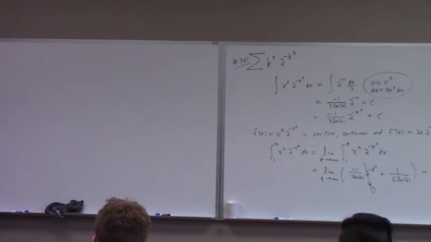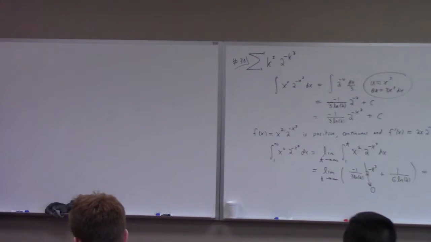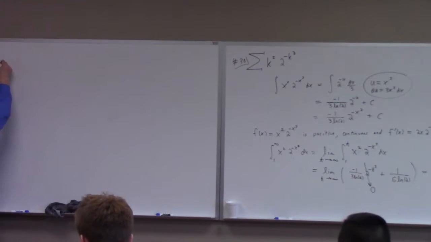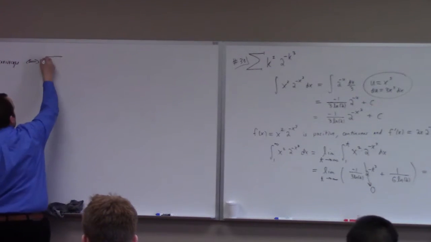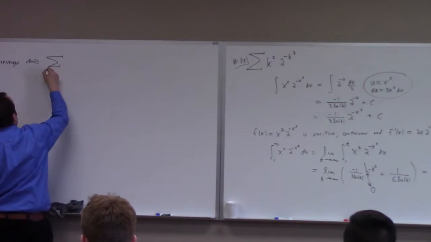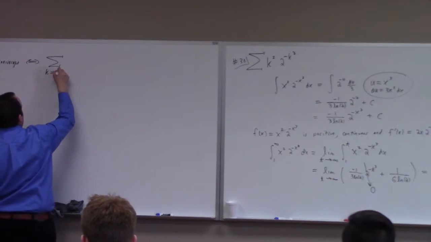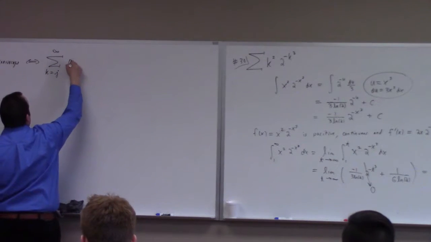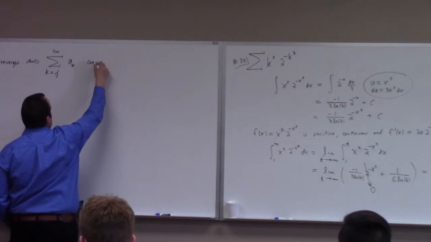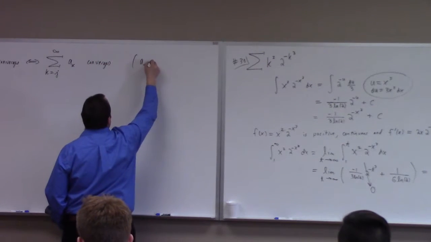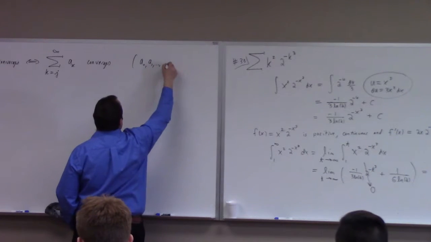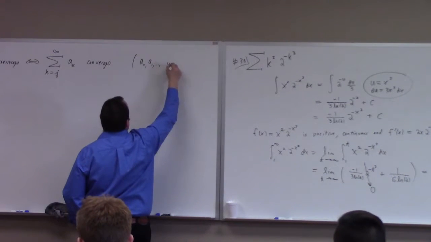So basically, if you have the sum k equals 0 to infinity of a sub k converges, if and only if what? The sum of k equals j to infinity of a sub k converges. This assumes that a naught, a1, are well behaved, okay?